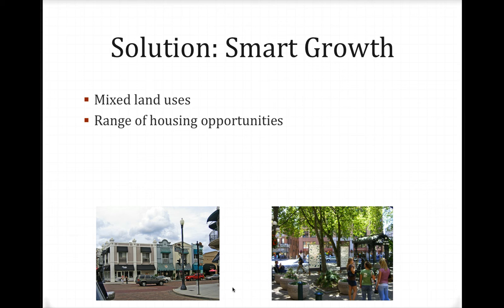We have a range of housing opportunities, meaning we have dedicated low-income housing and housing that may be more expensive. The purpose of having dedicated low-income housing is to prevent something called gentrification, which is where a particular area becomes so expensive that only the very wealthy can afford to live there, and anyone who's not that wealthy has to then use a car or public transportation of some kind to get there.